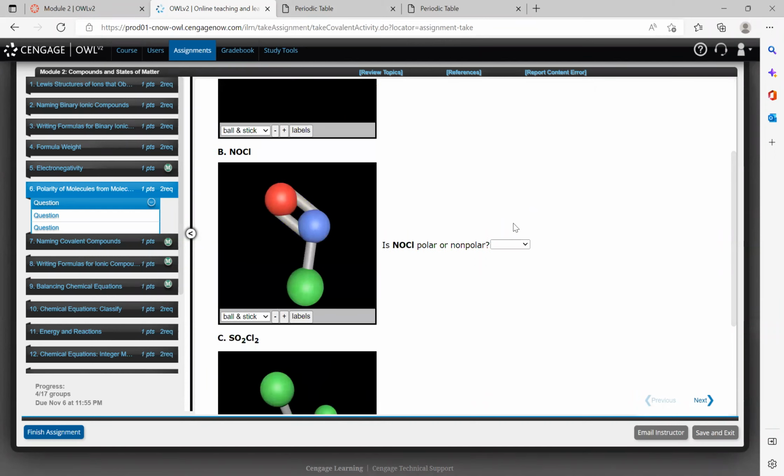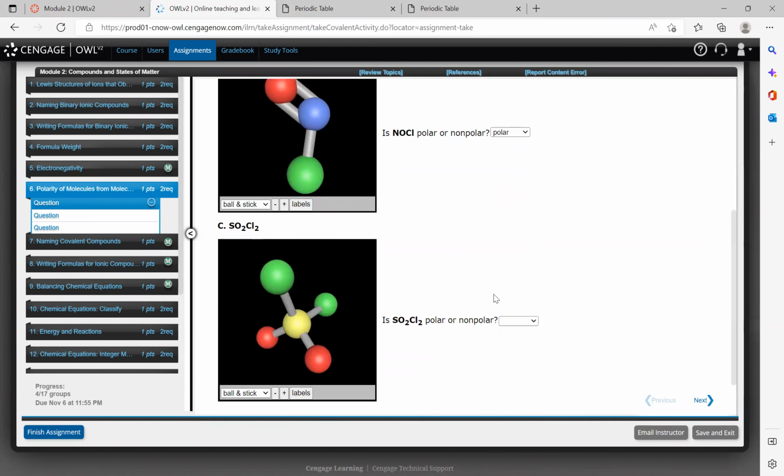All right, down here, if we look at this NOCl, the oxygen is going to have a very strong electronegativity, so this is going to be polar.